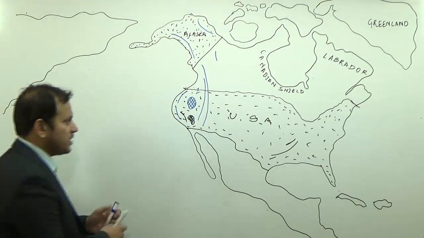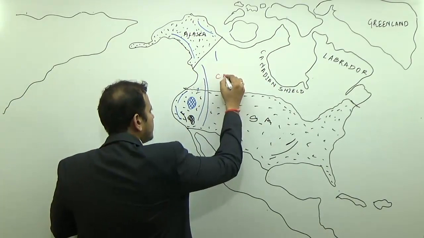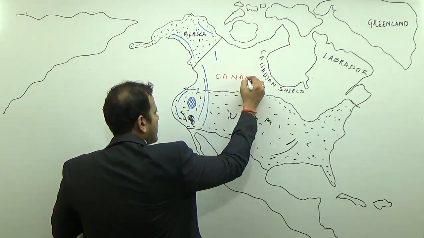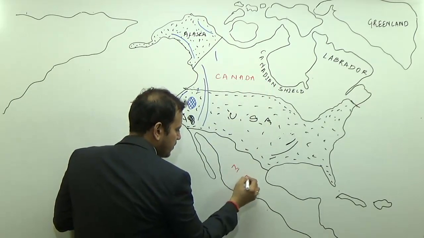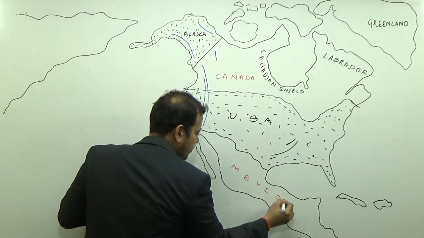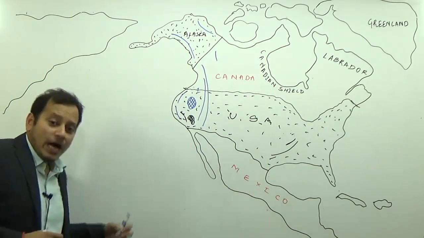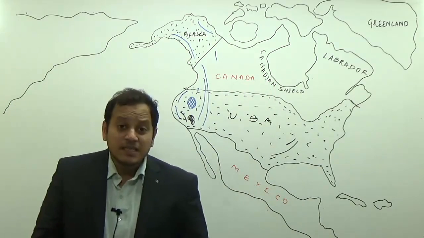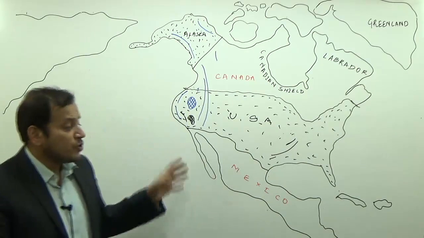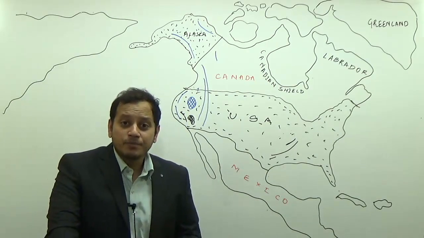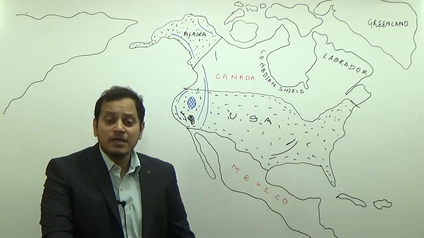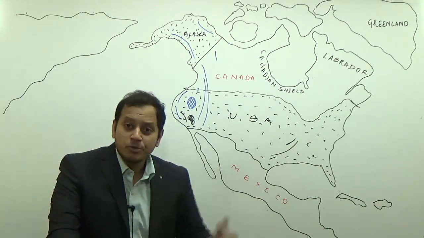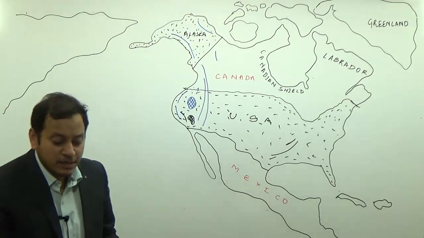The other country which is here is Canada. And the third country which is here is Mexico. Now, as I am teaching you, maybe this area is in the news this year, so you have to focus, because Cuba has always been a communist country, but now there has been a step towards normalizing the diplomatic relationship.